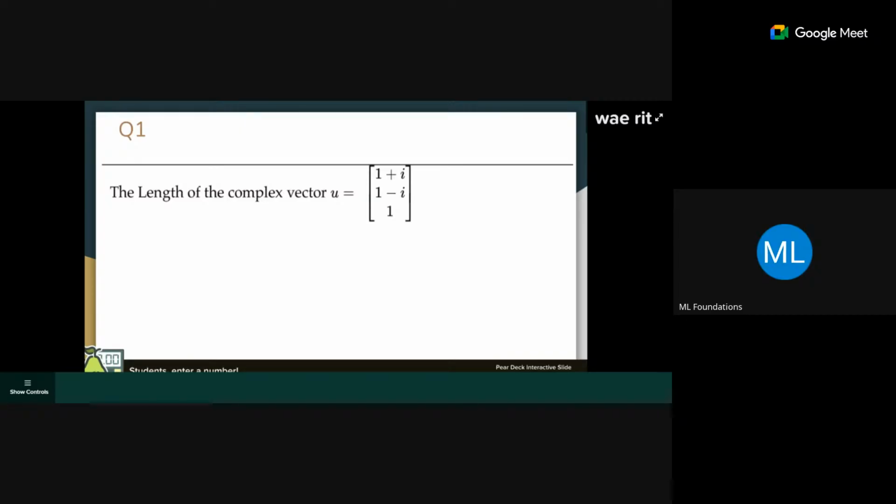Root of x square plus y square, right? And in complex vectors, will the length change or will it be the same? Conjugate transpose.